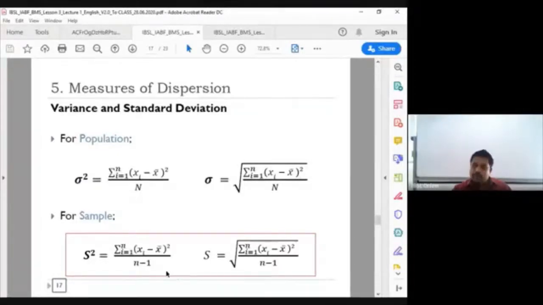There also, we discussed something very important last week. In contrast to the population, where the number of items is capital N, when we come to the sample variance and standard deviation, we are not dividing by the simple n, rather we are dividing by n minus 1. You can discuss under degrees of freedom of a data set why, by dividing by n minus 1, we obtain a higher variance and higher standard deviation, obviously.